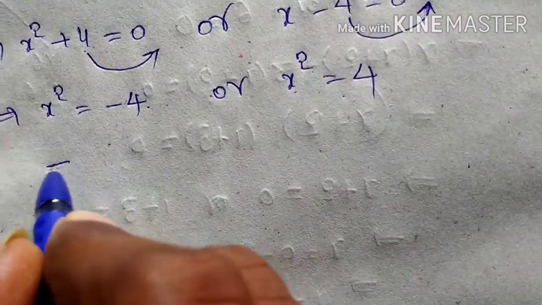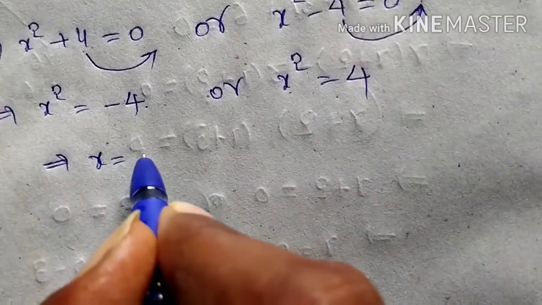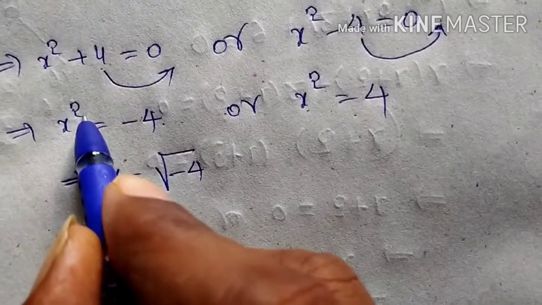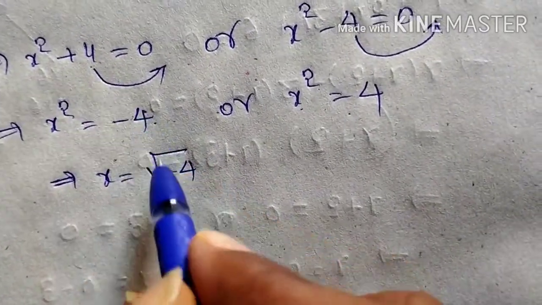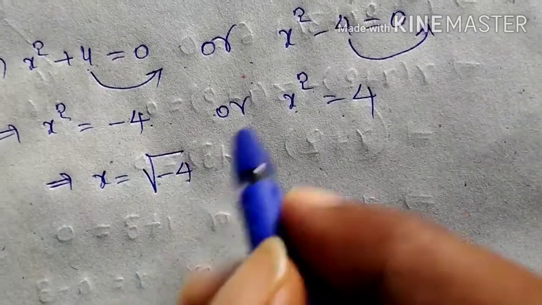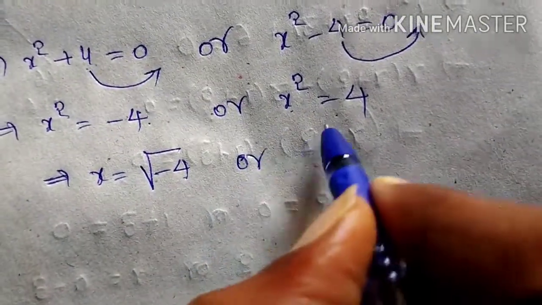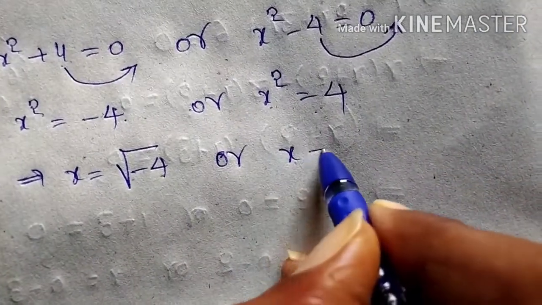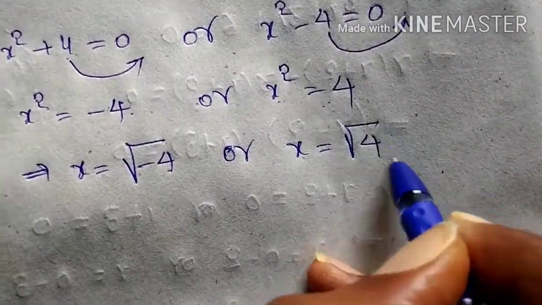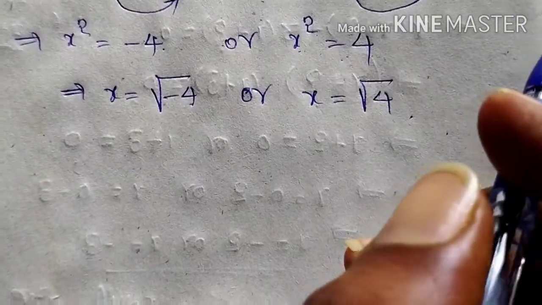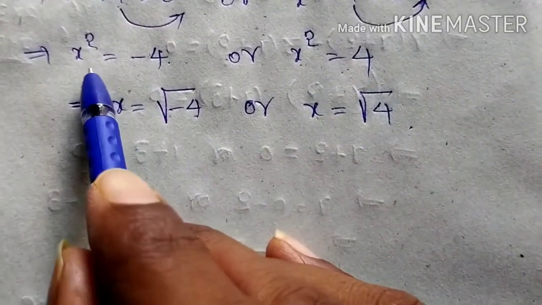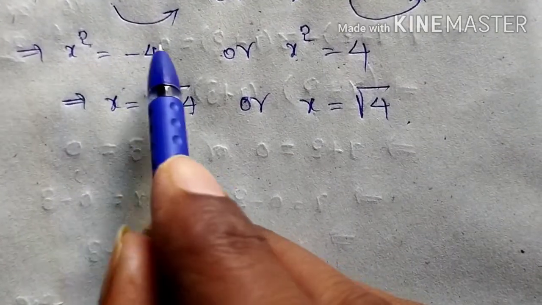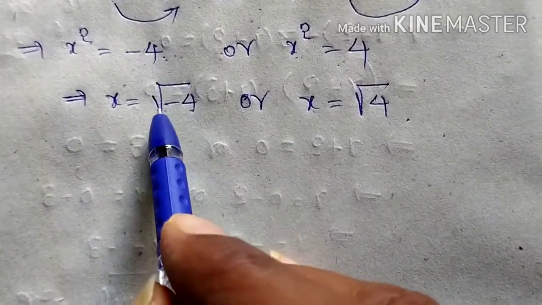Now you can see x is equal to square root of minus 4, if transposing the square to RHS, it will become square root of minus 4. Or x to the power 2 is equal to 4, that means x is equal to square root 4. Once you remember, x to the power 2 is equal to minus 4 means if I am transposing the square to RHS, it will become square root.